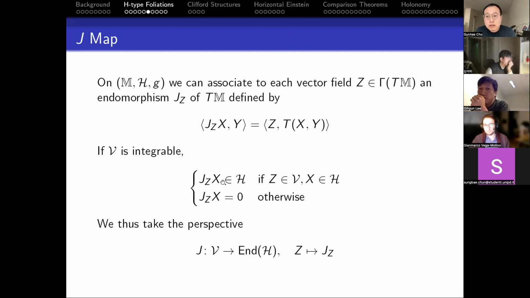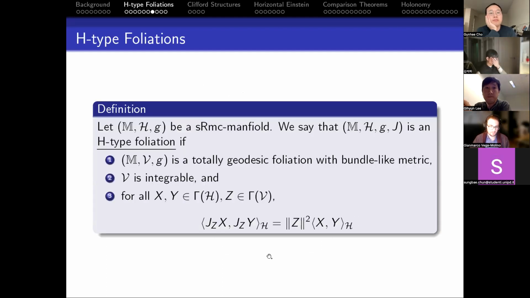If Z is vertical and X is horizontal, you get another horizontal vector. The point being that now J turns vertical vectors into endomorphisms of horizontal vectors. And specifically, we insist that it satisfies this condition here, if you have a sub-Riemannian manifold of metric complement, that is, a totally geodesic foliation with bundle-like metric.